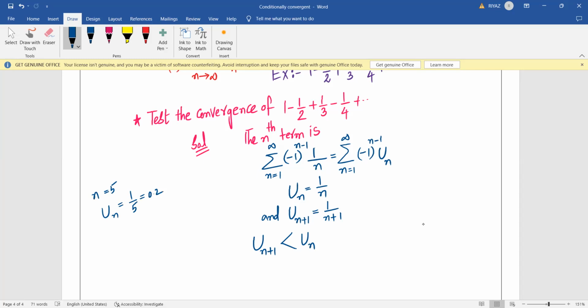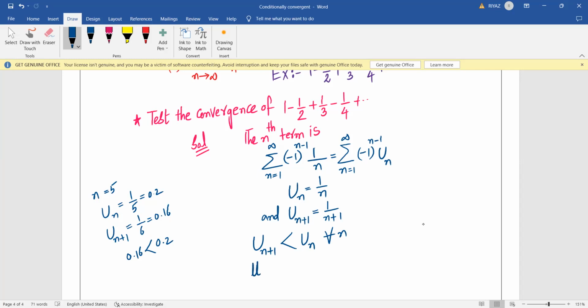And un plus 1 is equal to 1 by 5 plus 1, which is 1 by 6, about 0.16. So definitely 0.16 is strictly less than 0.2. It means un plus 1 is less than un for all values of n. It is not compulsory to take n equal to 5 only. You can take any value of n, it is satisfied.